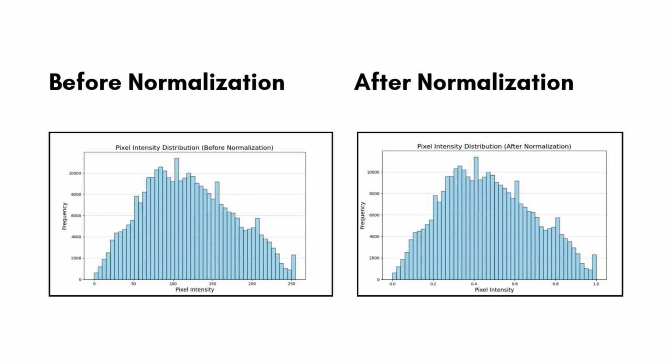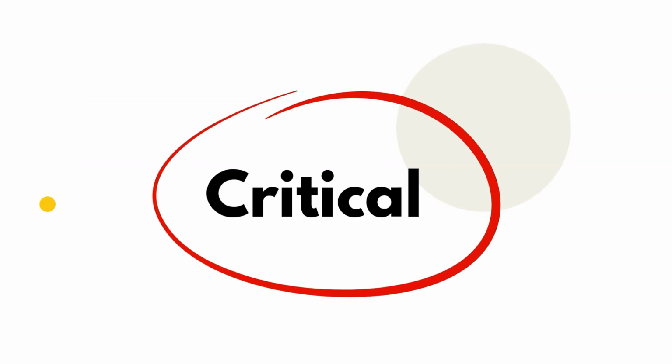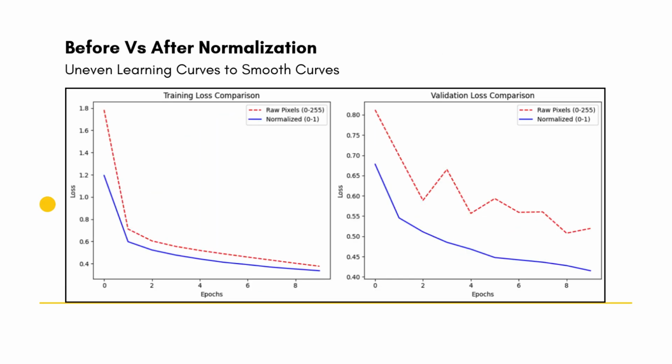I cleaned the data, normalized the pixel values so they ranged between 0 and 1, and ensured everything was in the right format for the model. Normalization is critical because it makes the training process smoother, ensuring the model learns efficiently without being overwhelmed by large values.